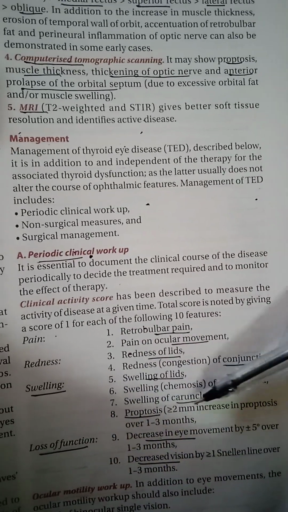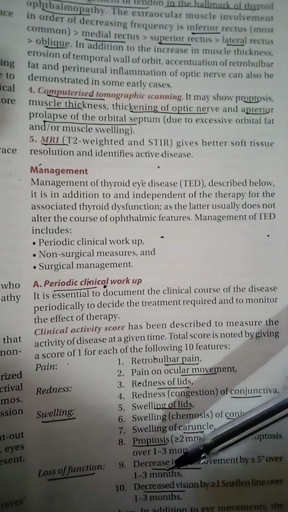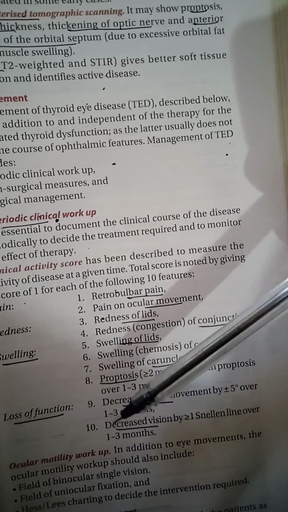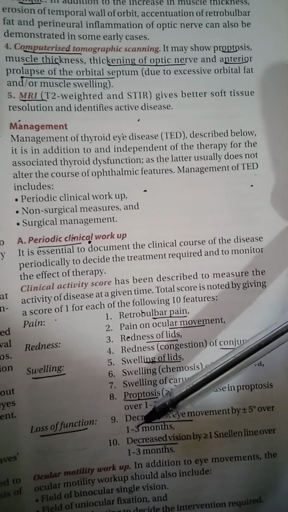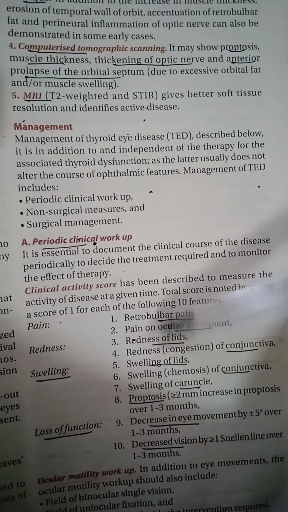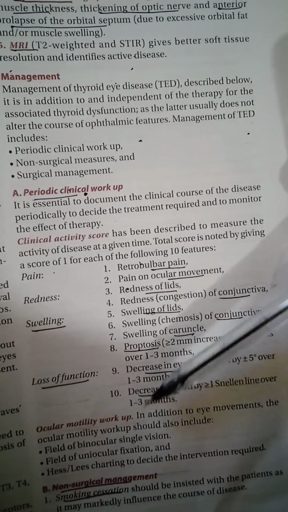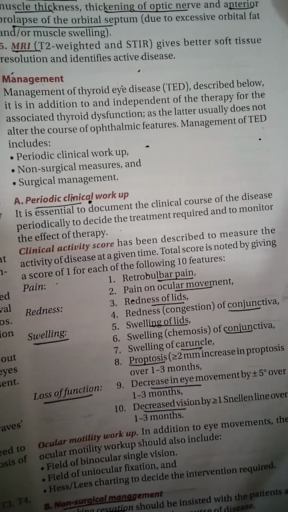Loss of function: decrease in eye movements, or decreased vision by greater than 1 Snellen line over 1 to 3 months. So the clinical activity score is given, and non-surgical management basically starts with smoking cessation being advised.